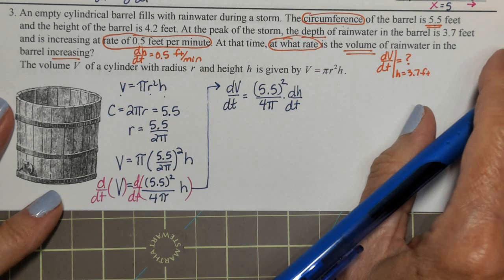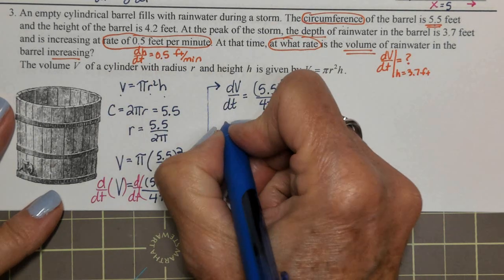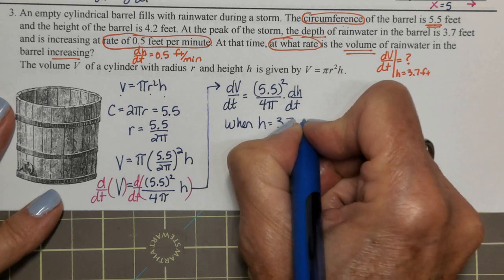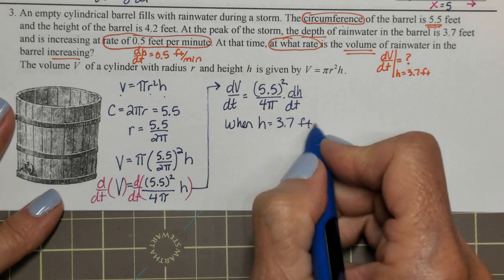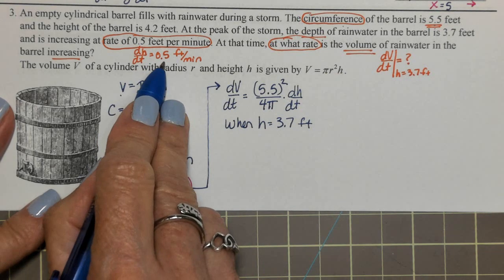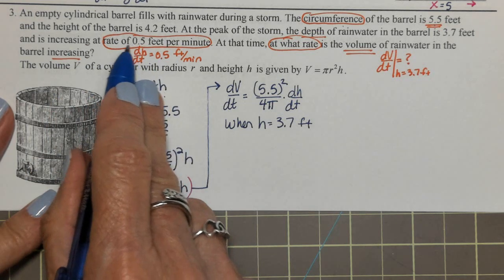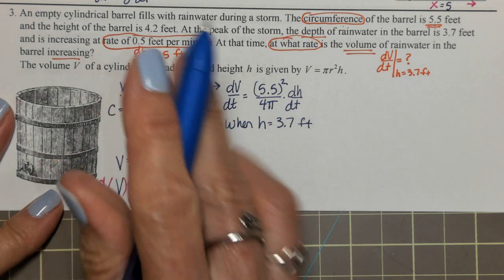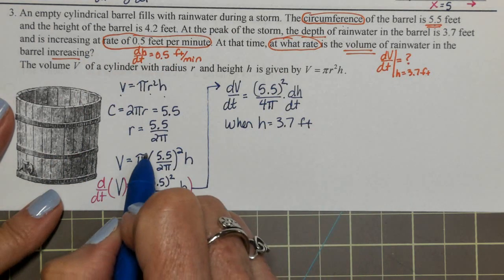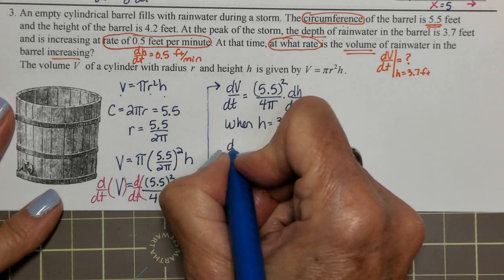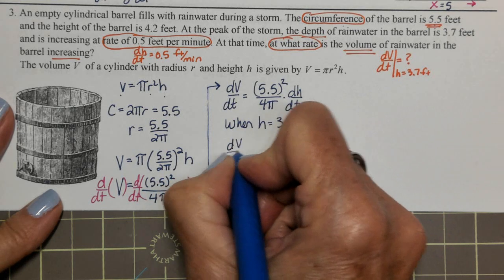Well, you know what? The way they worded this problem, I might just say it anyway. When h is 3.7 feet, dh/dt is this. And the way they wrote it, I get the feeling that this might not be constant. So I'm just going to write this and that way I can put 0.5 in for dh/dt.